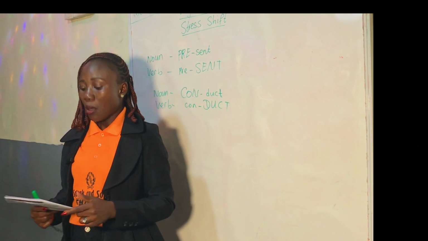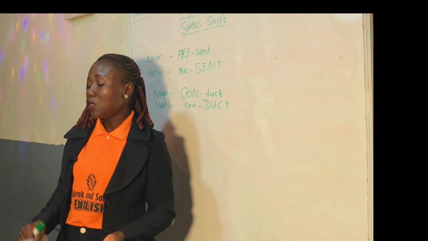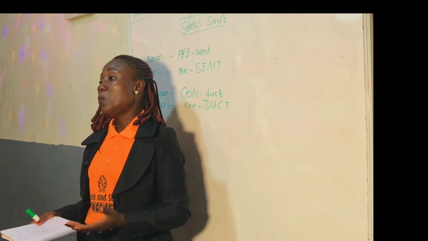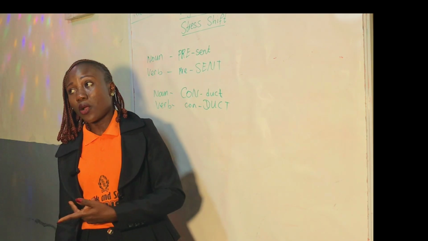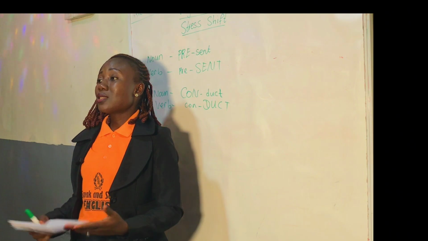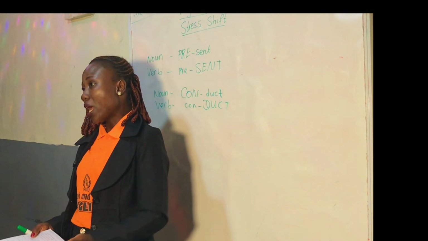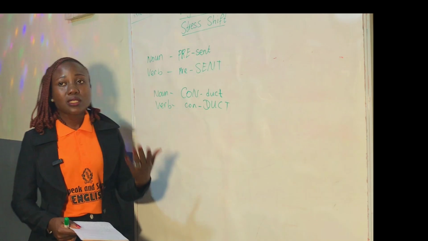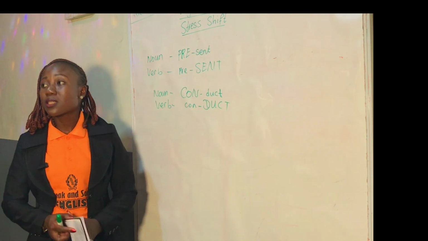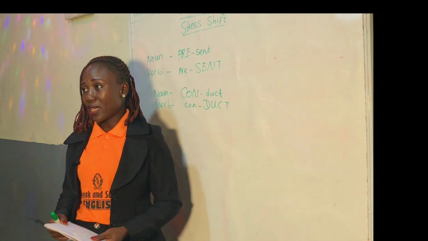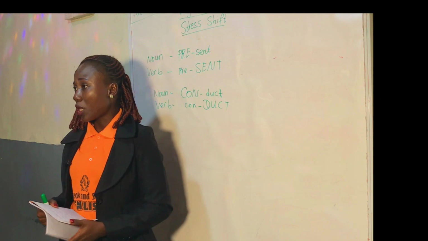But when you talk about the verb, subject, what does it mean? It means to place yourself under someone's authority. For example, the citizens of Nigeria subject themselves under the authority of the president. And that is our example number 3.